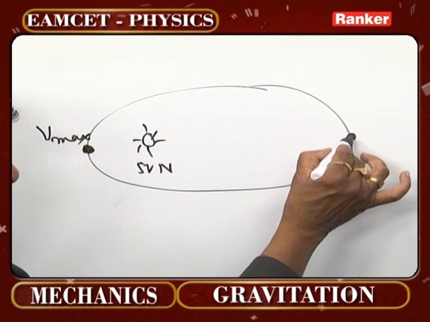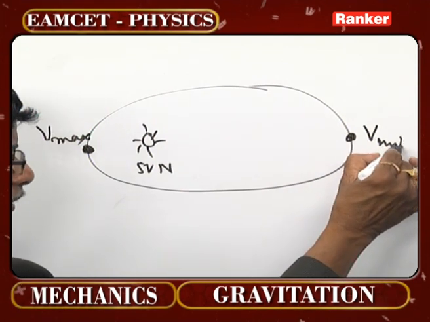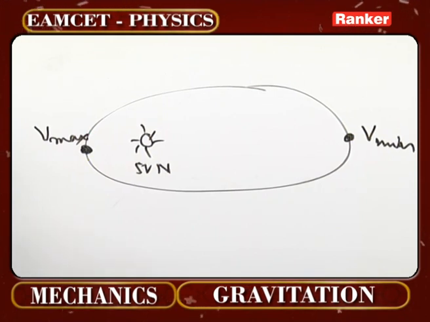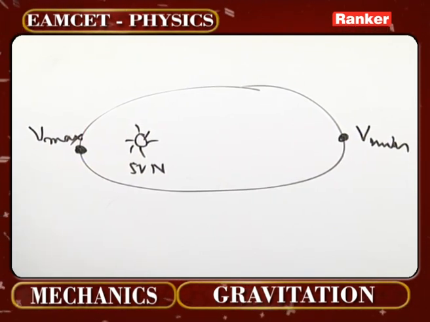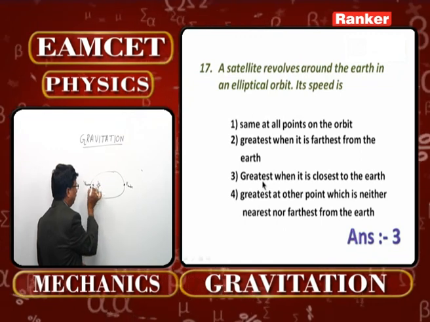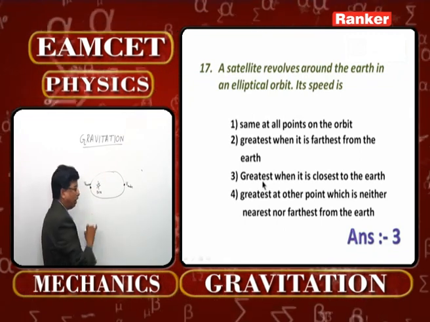When it is very far from this, velocity will be minimum. That is the basic concept we have to take up. So its speed is the question. Look at the third option now. Its speed is greatest when it is closest to the earth. If I take this one as the sun with respect to a planet, this is the concept.